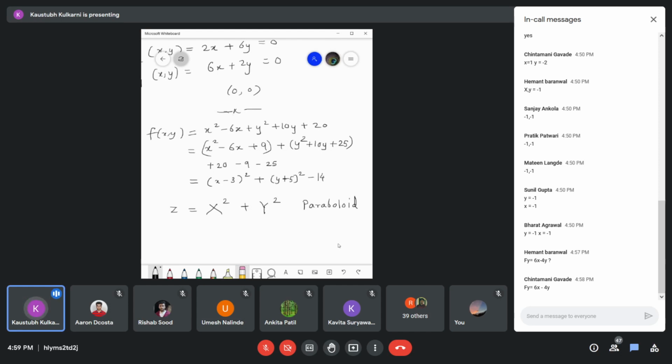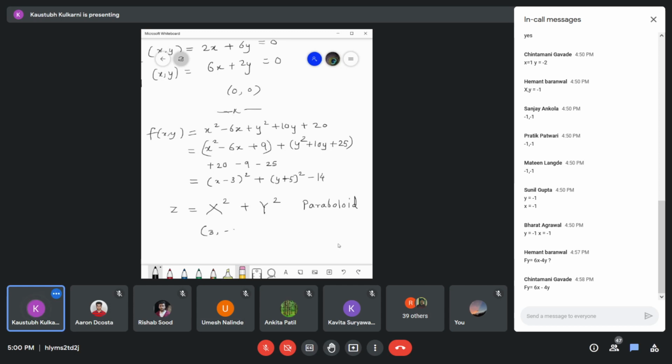It's like a parabola but in 3 dimensions, so it opens upwards. Okay, so this is a paraboloid, and its critical point is its minimum point because it opens upwards.